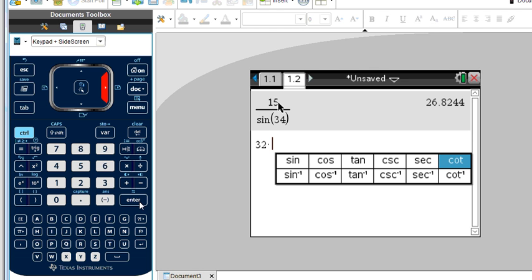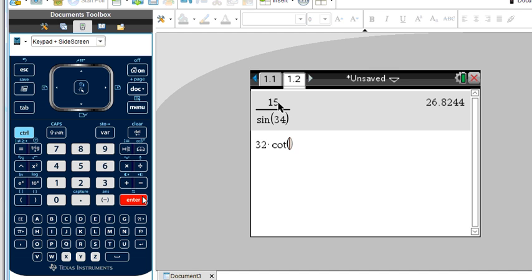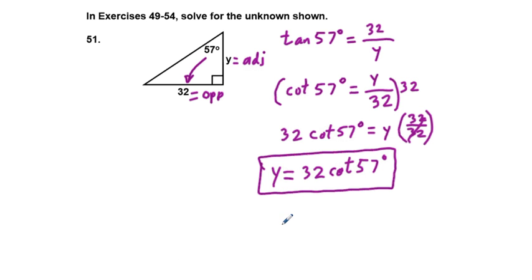If we didn't have the cotangent key available, we could do 1 over tangent and get the same. So 57 degrees, we're going to get 20.781. So y equals approximately 20.781.